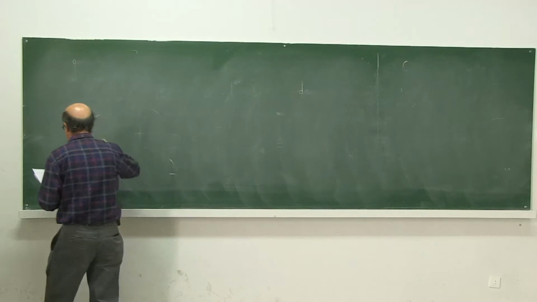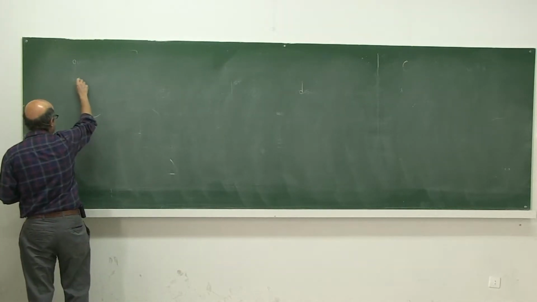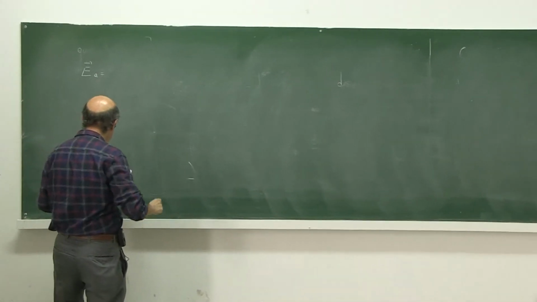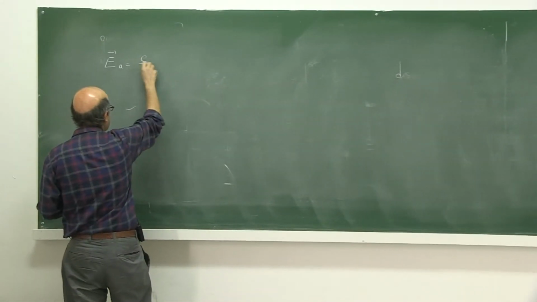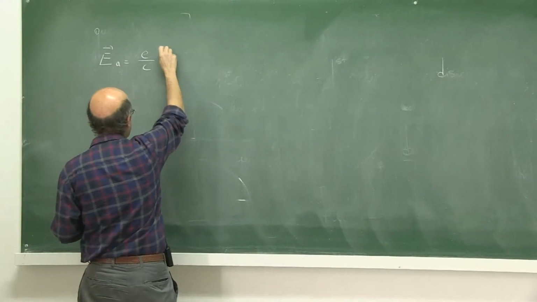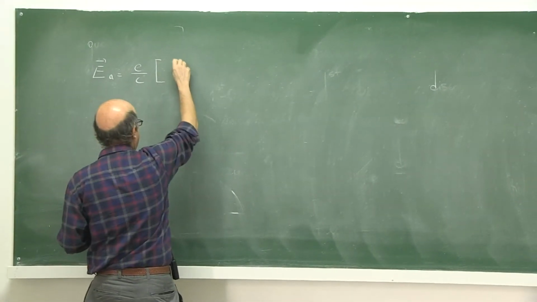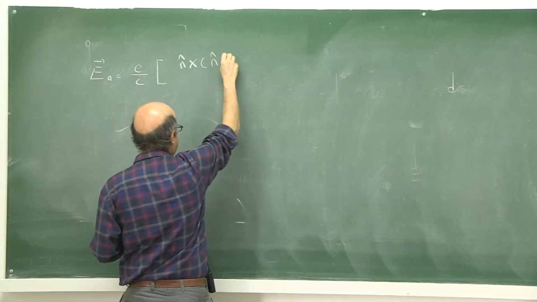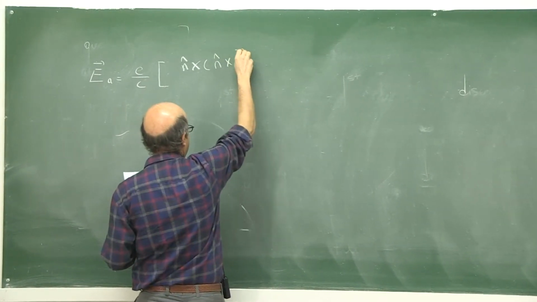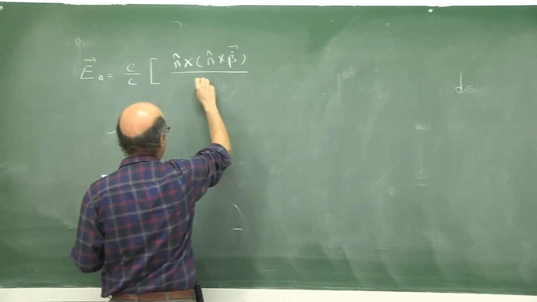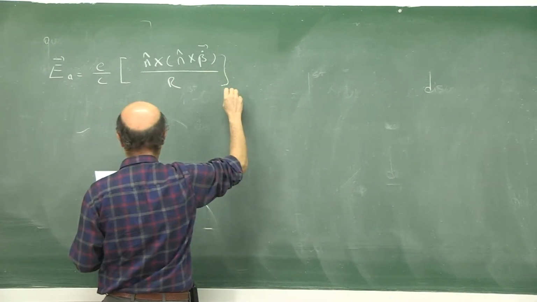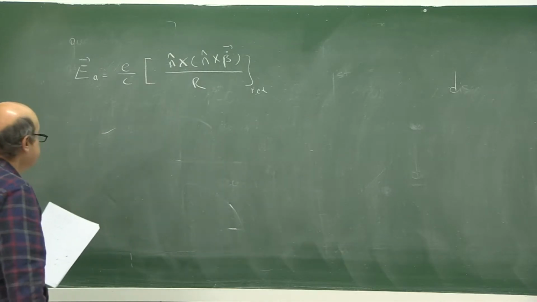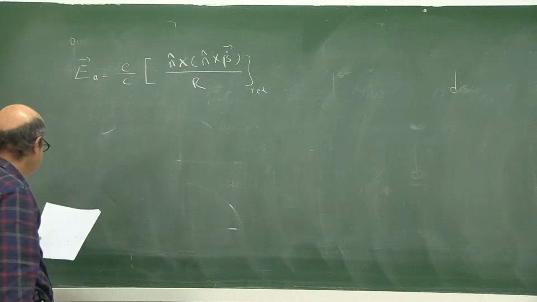So basically, we will have a tool: the electric field due to the acceleration of a charged particle, and this is non-relativistic. So the non-relativistic form of the electric field of the accelerated charged particle is this.